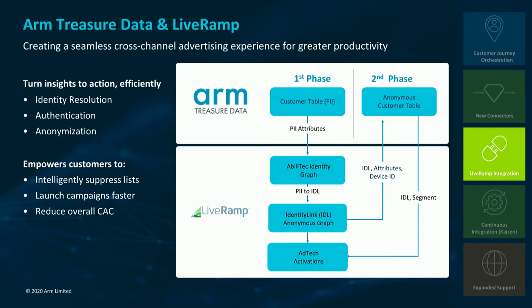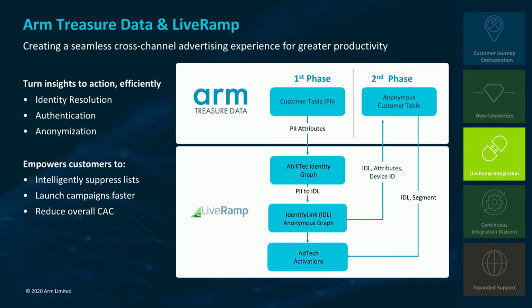The first phase is one way, all the way out to LiveRamp, allowing you to connect up to those 6 output connectors through Treasure Data and do that in one seamless process. But eventually, we will be taking more of their data and onboarding it for our customers and keeping it separate, because you're going to have to do that for privacy concerns overall.